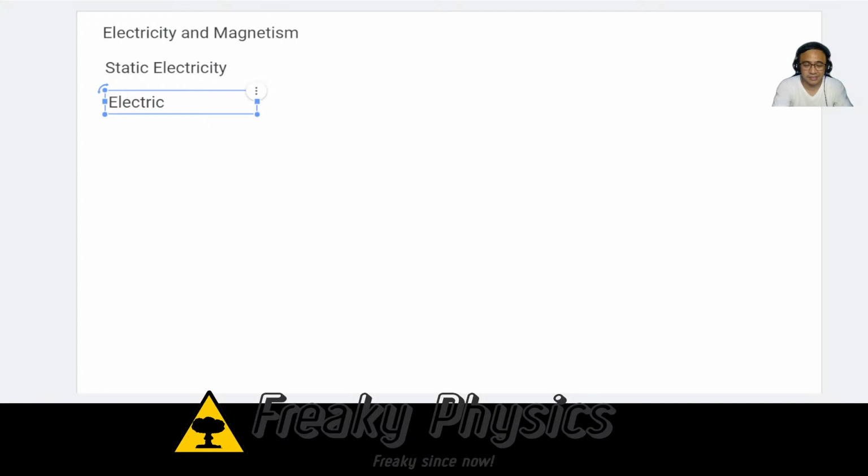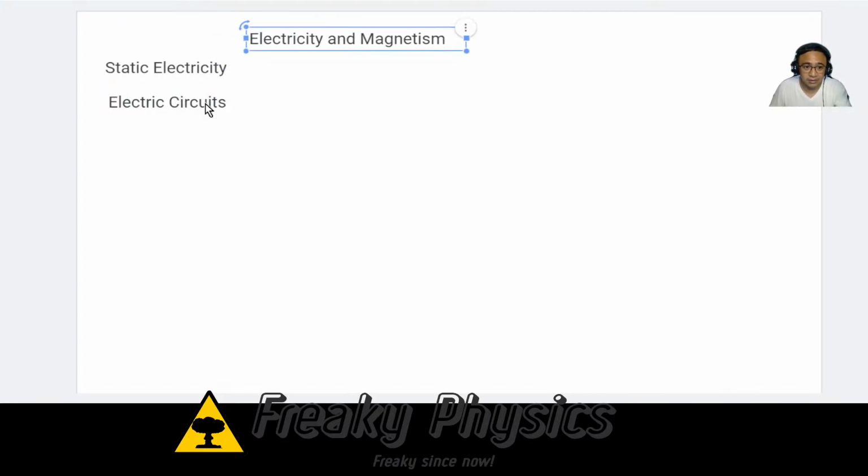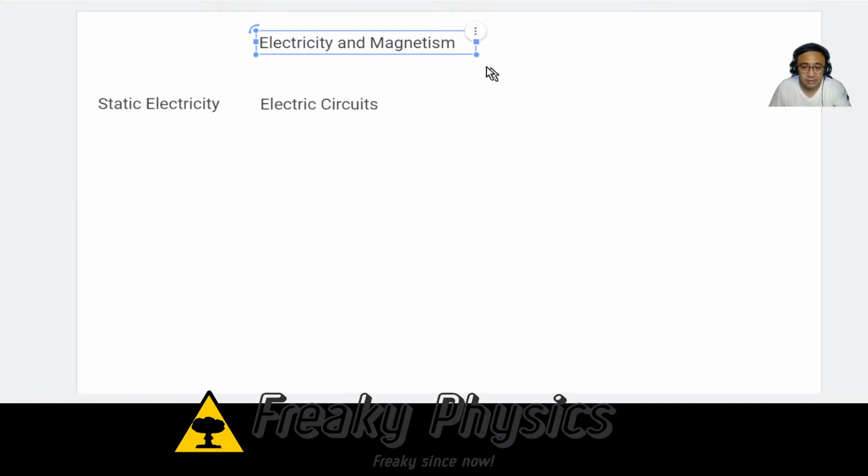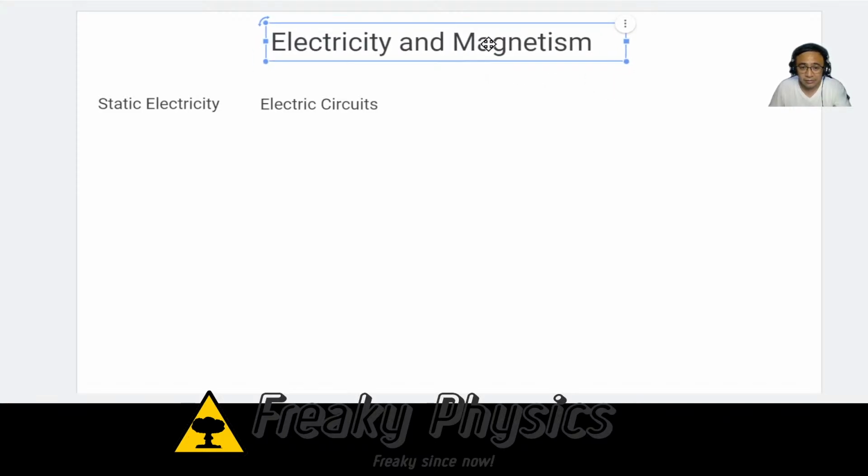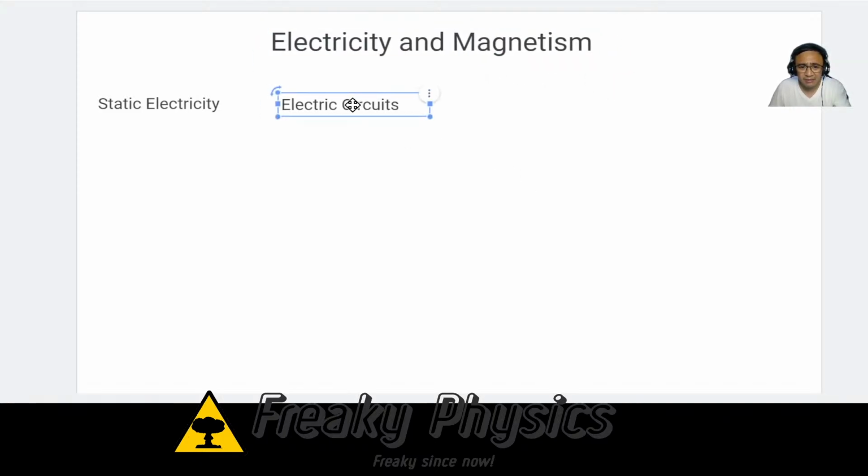Now, magnetism in this particular set of topics would be all about electromagnetism. So root cause of magnetism and then electromagnetism.